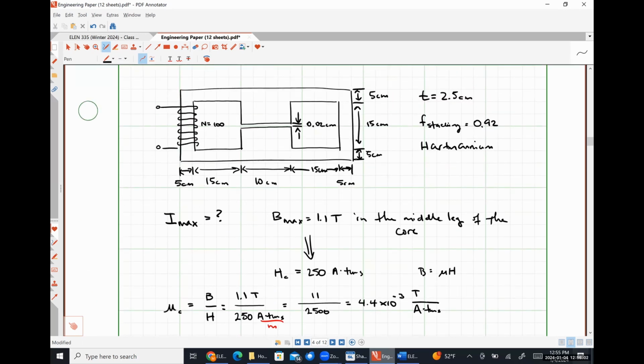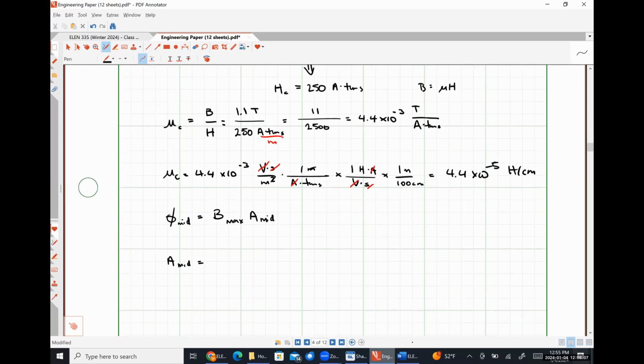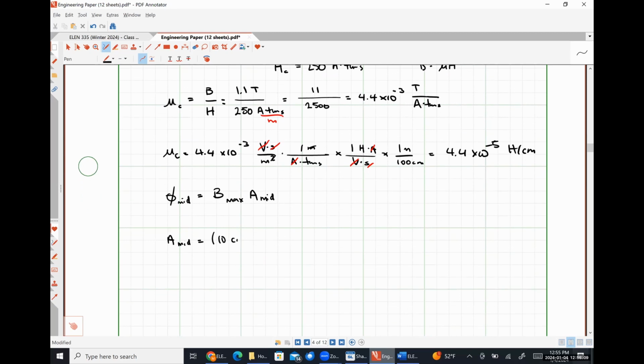The area of our middle leg looks to be 10 centimeters times 2.5 centimeters, times our stacking factor of 0.92, which is 23 centimeters squared. And so that's going to be 1.1 Tesla times 23 centimeters squared.